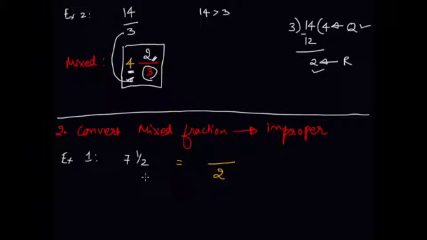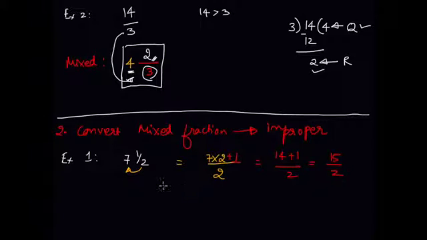And for the numerator, what you would do is you multiply 7 with 2 and you add the plus 1 here. So what do we get? 7 times 2 is 14 plus 1 divided by 2, which is 15 by 2.